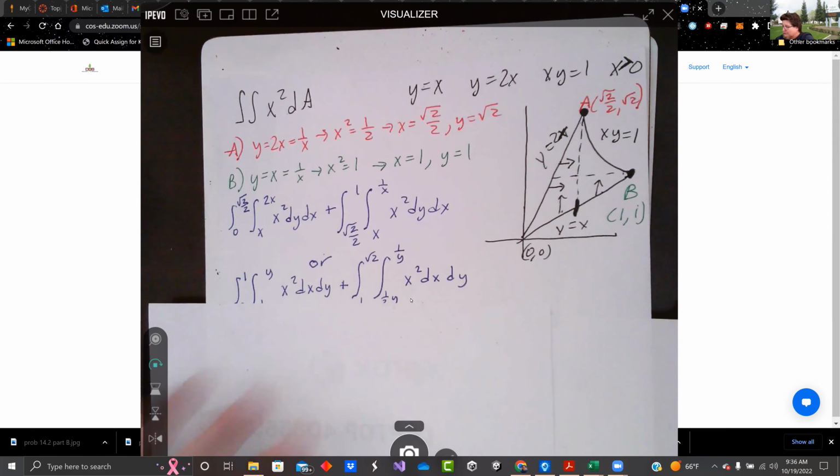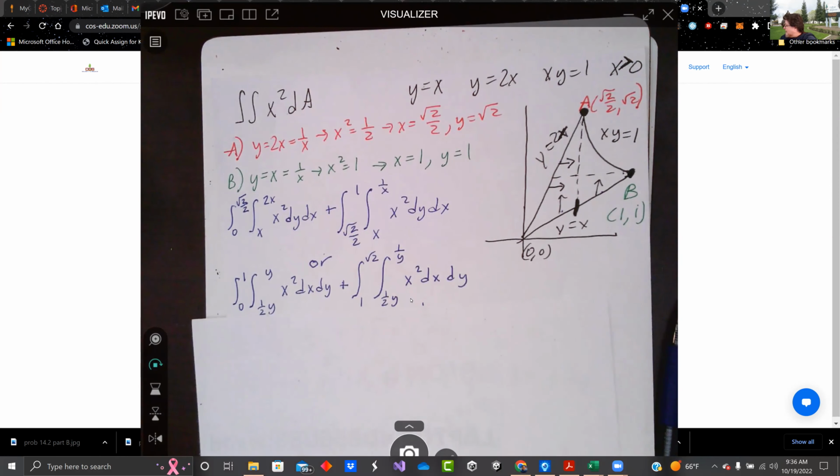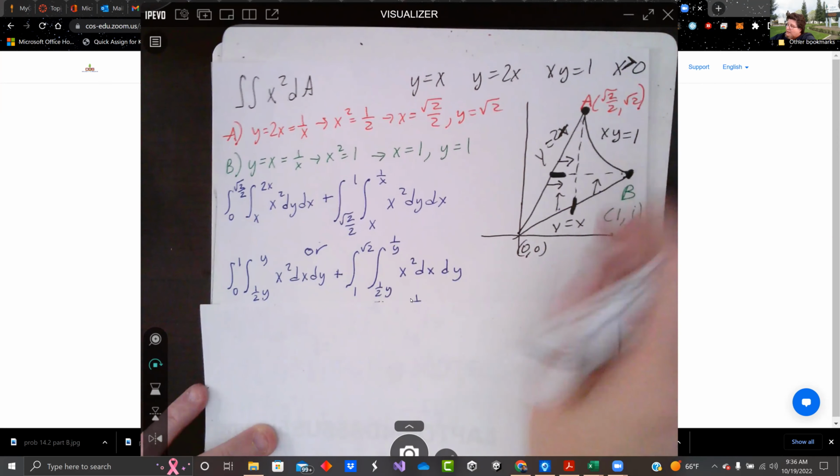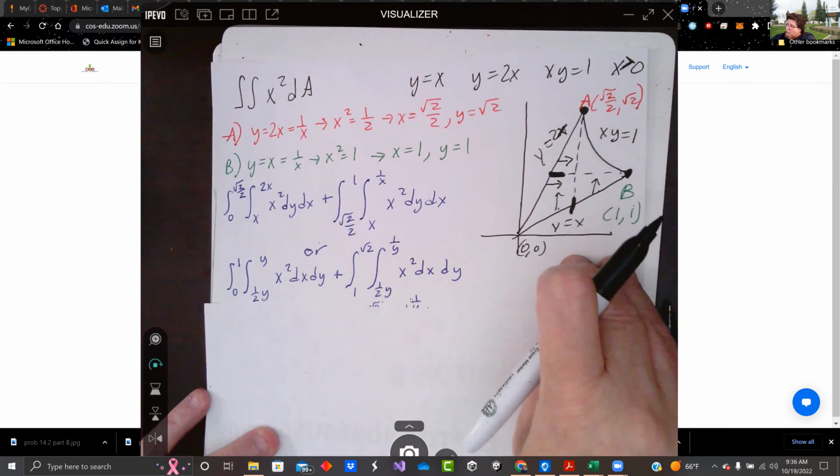The other way to integrate is doing dx first, as I was doing in class, or attempting to before I mangled it. Let's take a look at this. If we go from left to right, we're doing below this line and above this line. So below this line, going along dx, this is the y equals 2x or x equals 1/2 y line. So we're going from 1/2 y up to x equals y.